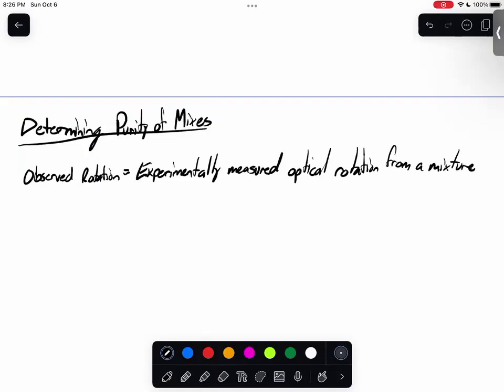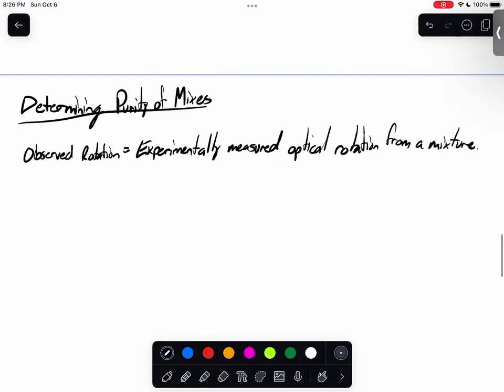Okay? And the way that we denote this, which is different from the specific rotation, is we have that same little thing indicating it's a rotation. And in the bottom, it just says OBS, and this is just showing it's an observed rotation.